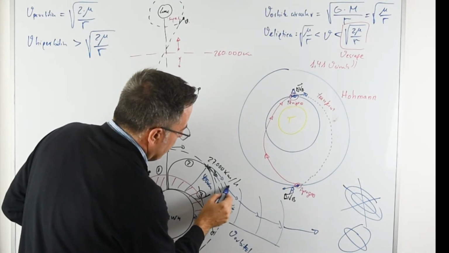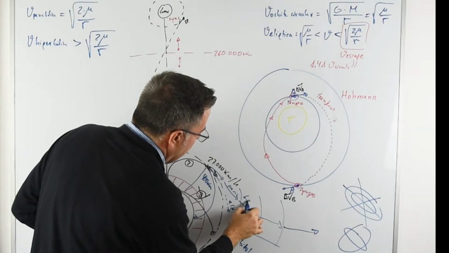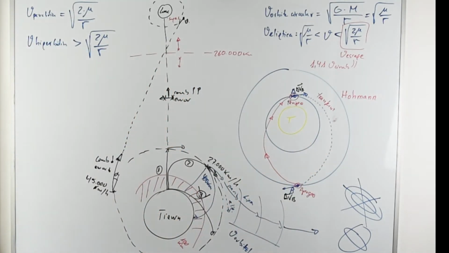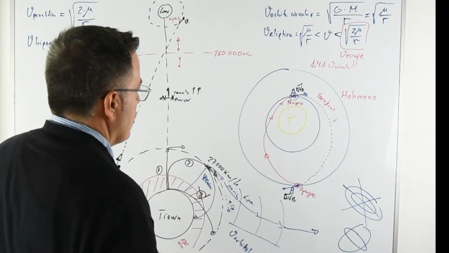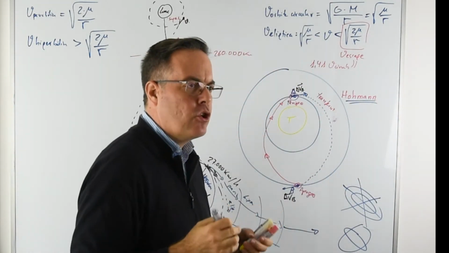If it is 1.41 times 27,000 kilometers per hour, we are in a parabolic orbit. And if it is higher than this, it is hyperbolic. In both parabolic and hyperbolic cases, we are escaping from the planet.